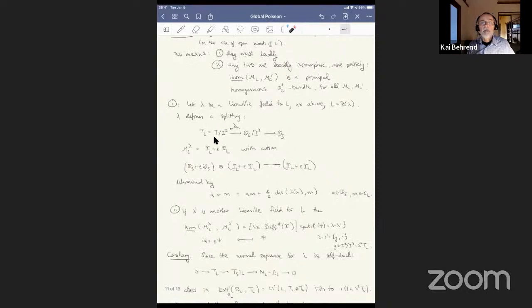So locally, these guys always exist because you can use Liouville fields to define them. And then if you have another Liouville field, so you have the one defined by one Liouville field and the one by the other, the isomorphism is given by these self-adjoint differential operators. That's why I mentioned them.